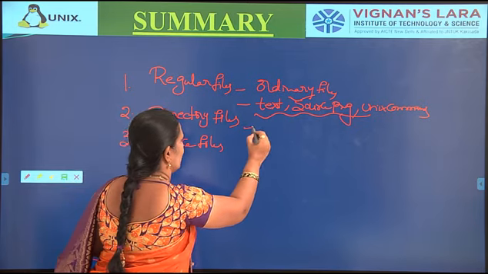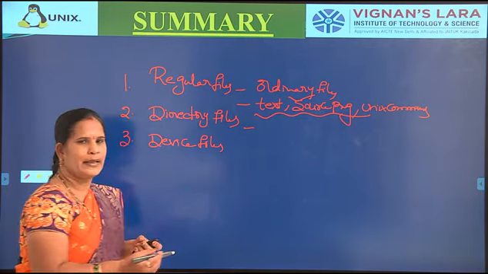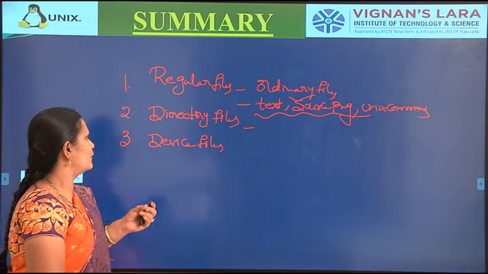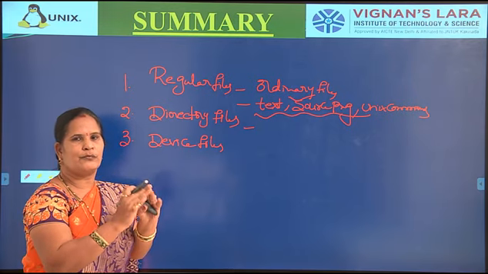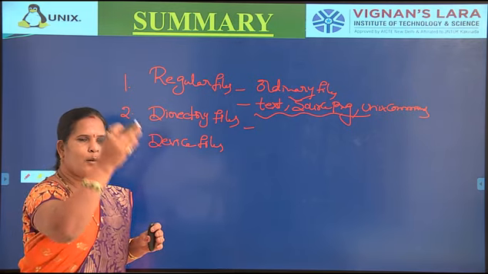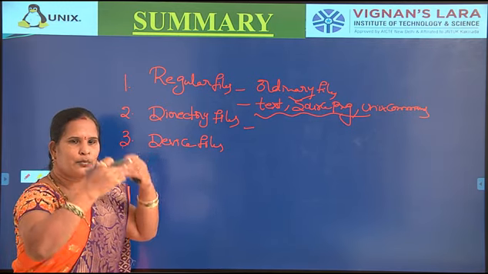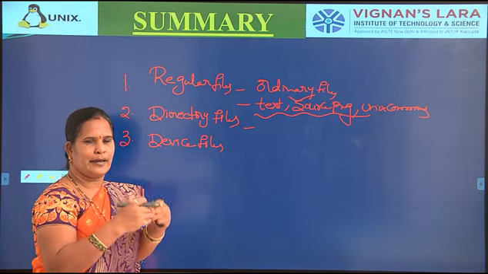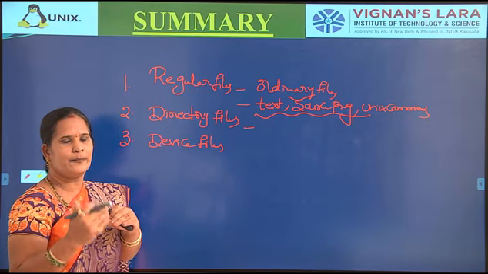The second one is directory files. A directory can contain a collection of subdirectories and files. Okay, the Unix file system is maintained in a hierarchical manner, meaning a one-to-many combination. The top one is denoted by root, the forward slash, which indicates root. Under the root only we create the directories. Under the directories we create the subdirectories and the files.